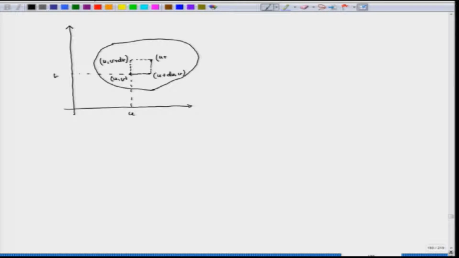So this distance is my du, and this distance is dv. These are infinitesimal distances. Infinitesimal is a very strange object in calculus. Euler said that it has to be 0.